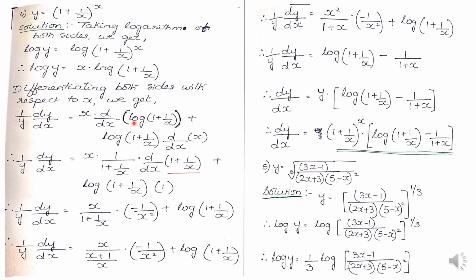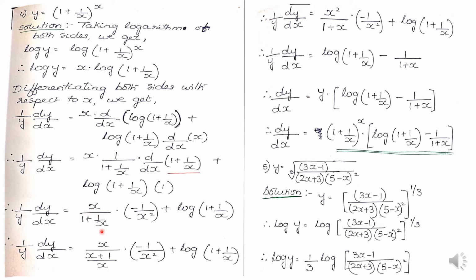So on the RHS, the next step, x into the differentiation of log is 1 upon. So we get 1 upon 1 plus 1 upon x. But then we realize that we have to use a chain rule as well over here. So we write d dx of 1 plus 1 upon x plus log 1 plus 1 upon x, and the differentiation of x is 1. So thus we get 1 over here.